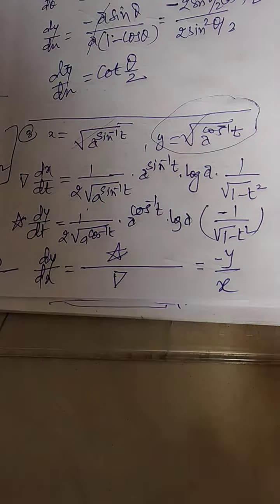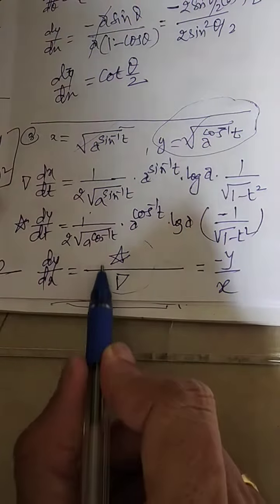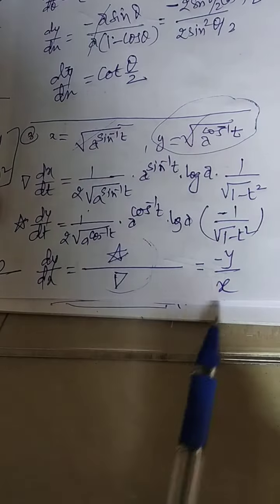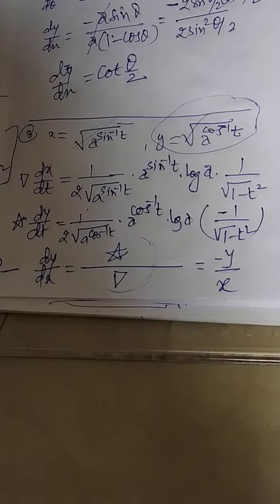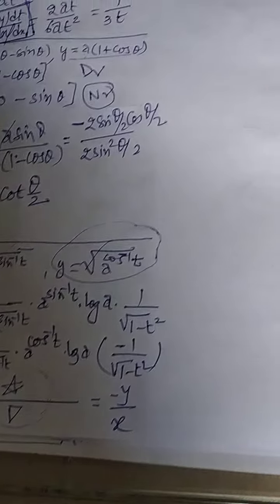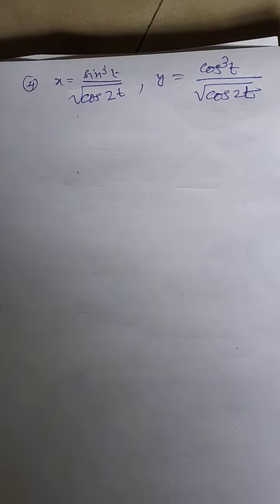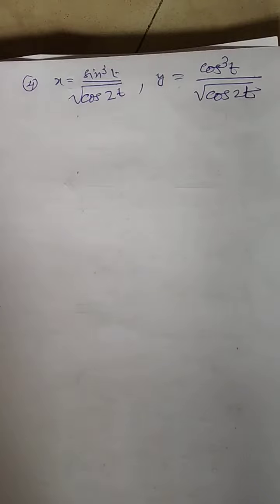Whatever the simplest form is, that is also correct, but sometimes they may ask you to show that dy by dx is nothing but like this, so you have to simplify and get the answer in that format. One last question and then you can start solving the assignment on inverse trigonometric function along with the parametric function.